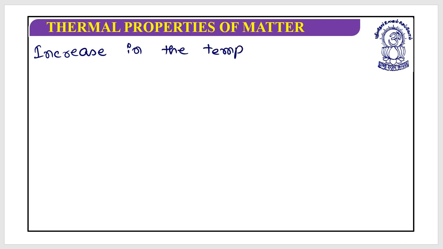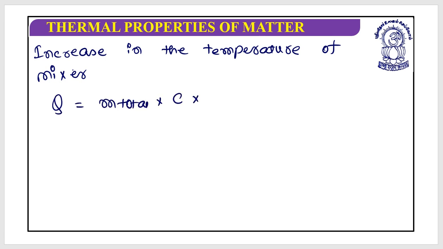The increase in the temperature of the mixture: Q is equal to M total into C into delta T. So the total mass would be, I have 30 gram of ice and 70 gram of water, so it's 30 plus 70 into 1 into delta T. What amount of energy have I been left with?